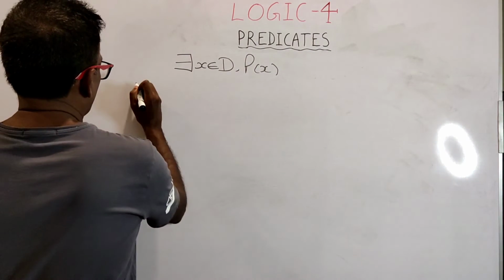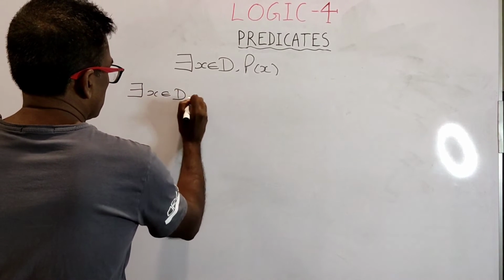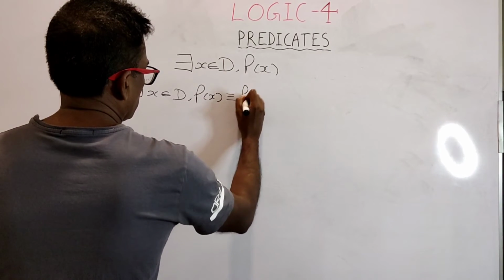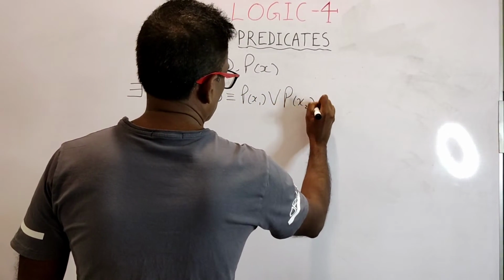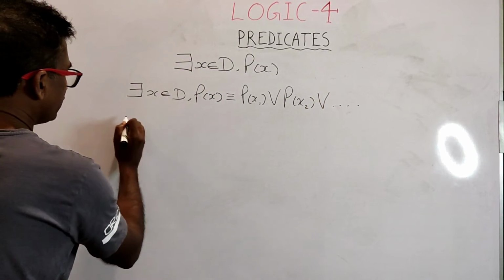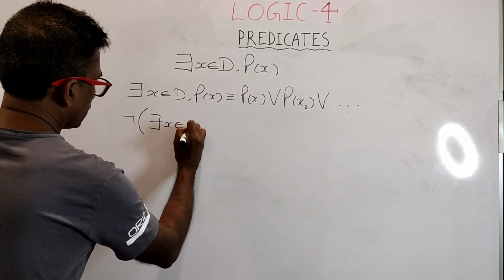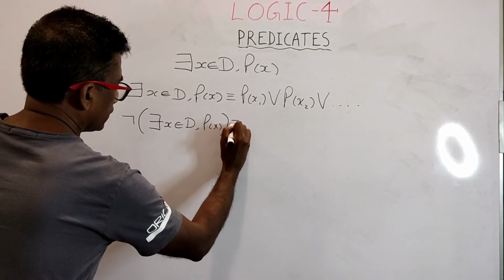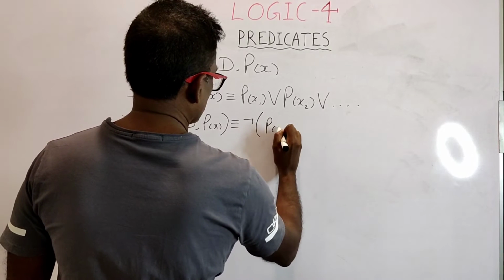Now we know this is equivalent to P of x1 or P of x2 and so on. So the negation of this statement is equivalent to the negation of this statement.